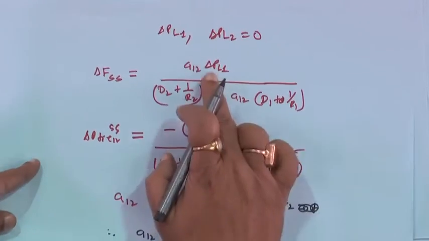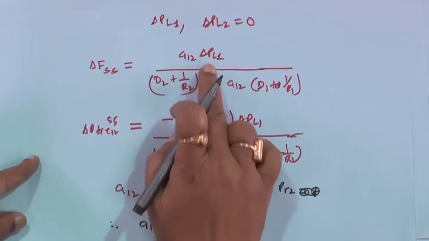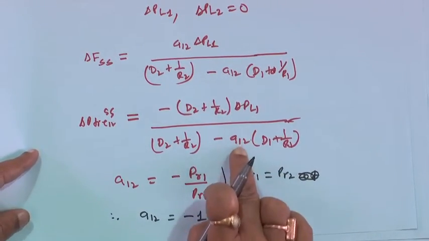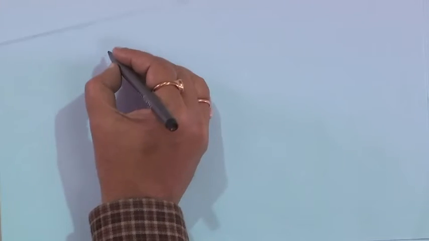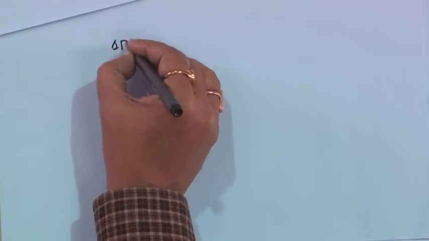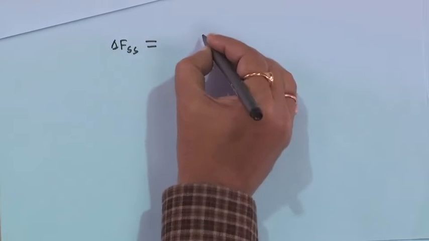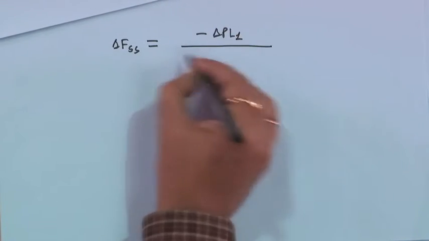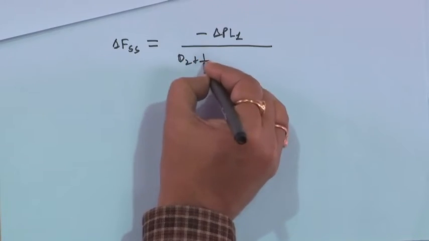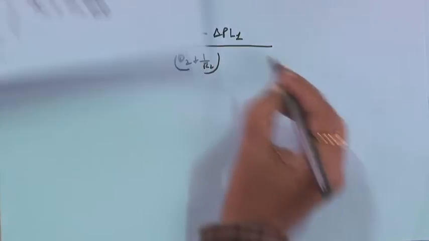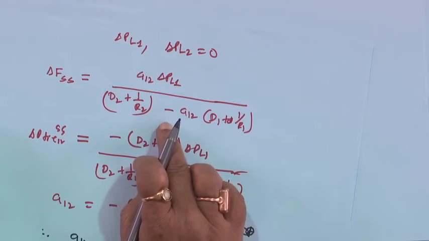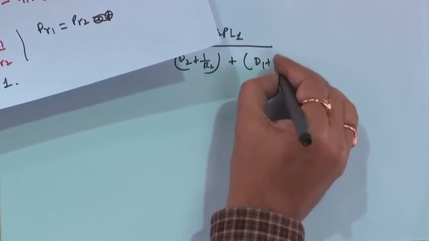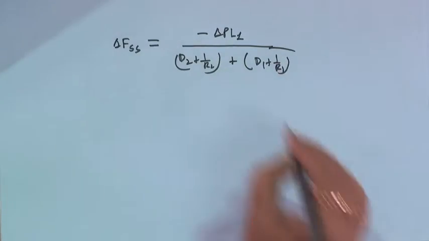So, if we put A12 equal to minus 1 here, and here also you put minus 1, then you will get delta F steady state is equal to minus delta PL1 divided by D2 plus 1 upon R2, and since A12 is minus 1, it will be plus D1 plus 1 upon R1.